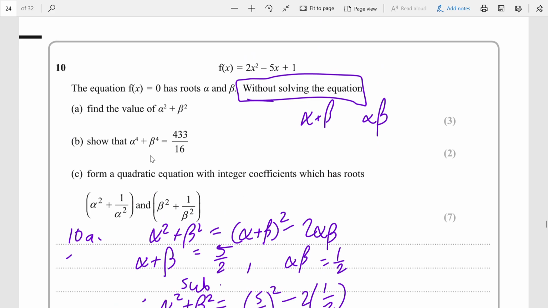Now, B, show that alpha to the power of 4 plus beta to the power of 4 is equal to 433 over 16. Alright, so it seems like we'd have to know the way to get to this sort of alpha 4 and beta 4, the power of 4, which is actually not something I've encountered before.